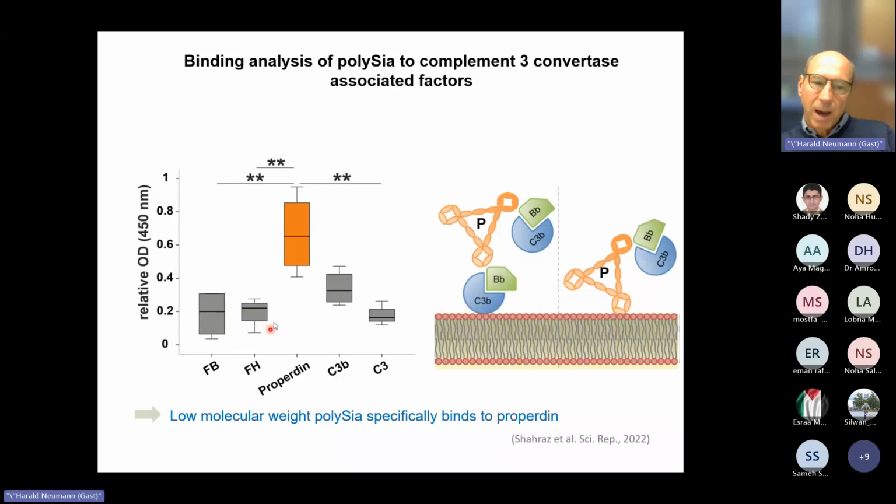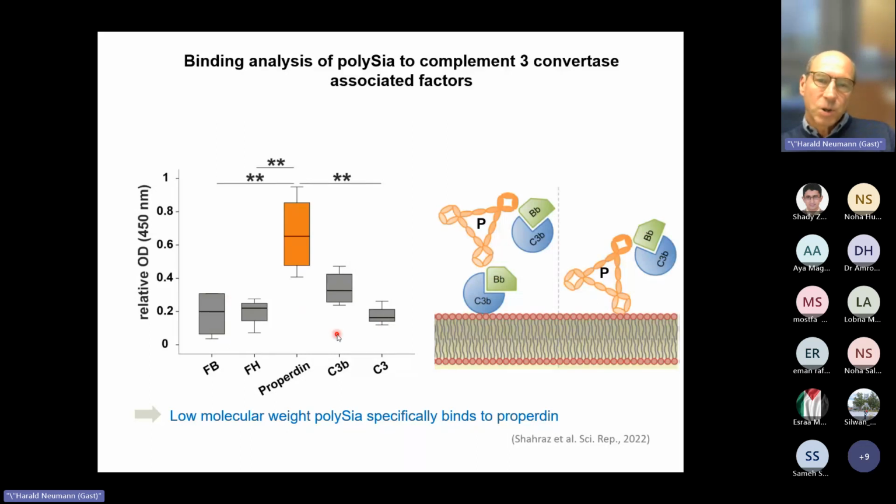Then we bound properdin to the plate and the different components of the complement C3 convertase. What we can see is that polysialic acid was only binding to properdin, but not to the other complement factors. So we can conclude low molecular weight polysialic acid specifically binds to properdin, but not to any other complement factors.